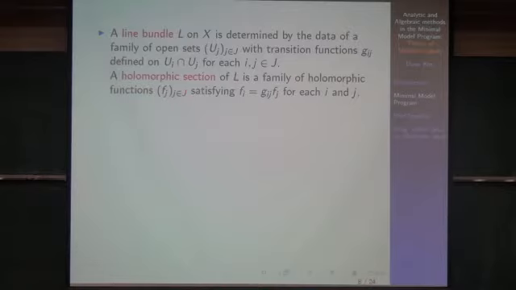Then holomorphic sections play an important role in this talk. A holomorphic section is something like a holomorphic function, but you have a family of those functions satisfying this relation in terms of the transition functions.